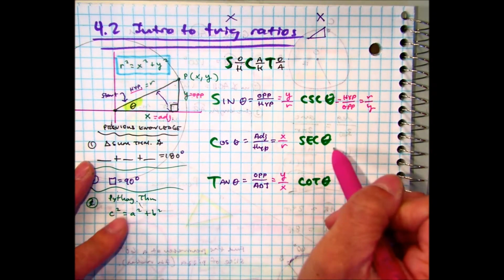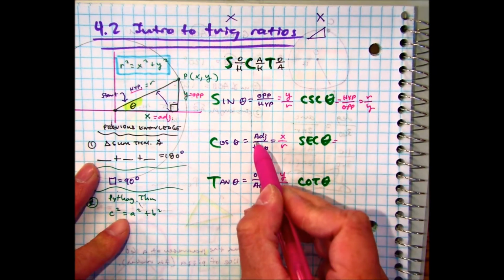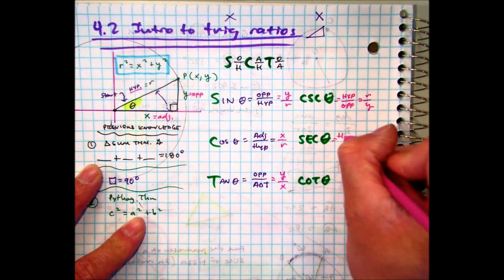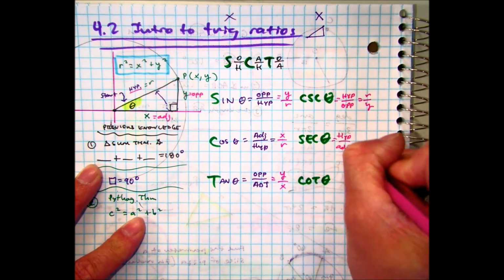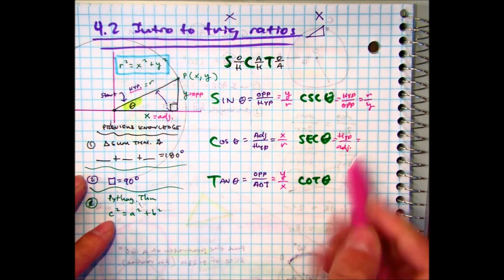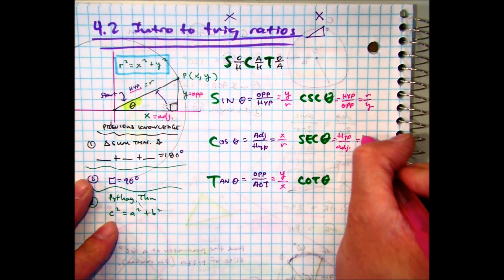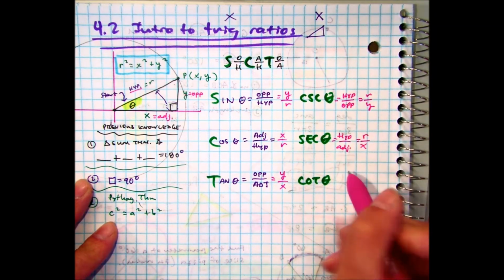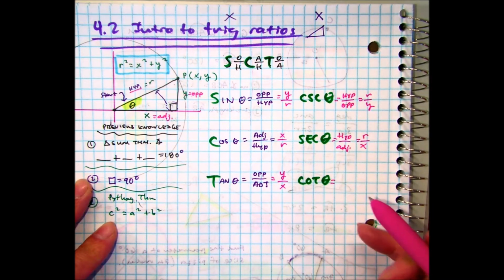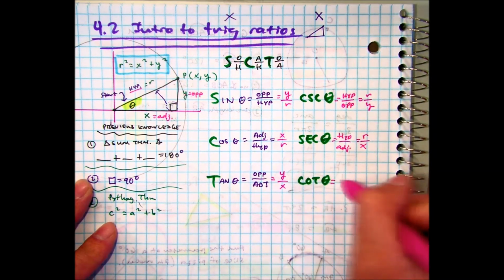How about this one? What's secant? Hypotenuse over adjacent. Hypotenuse over the adjacent. And what letters? R over x. Cotangent. Adjacent over opposite. So I'm just flipping these.